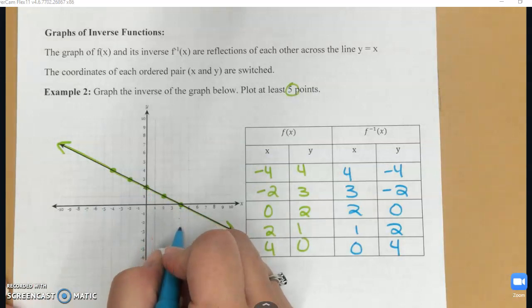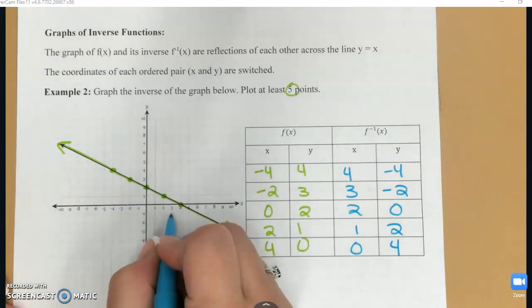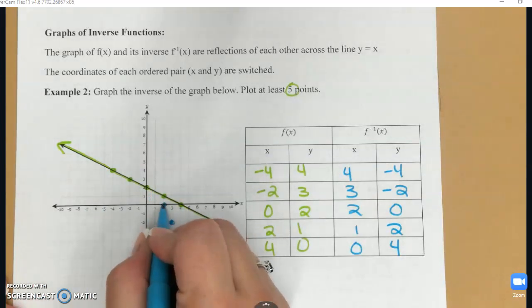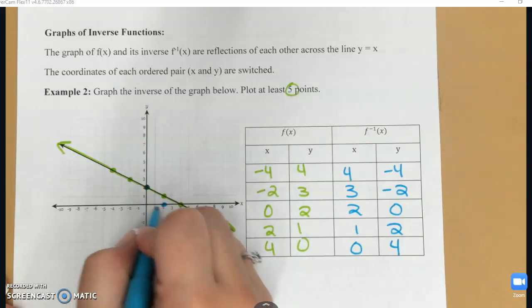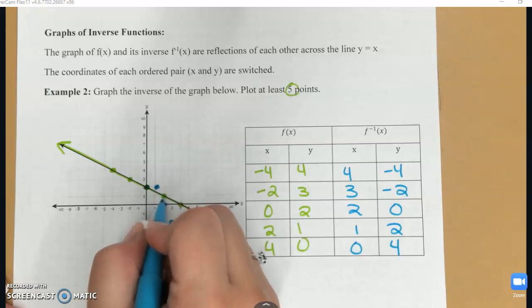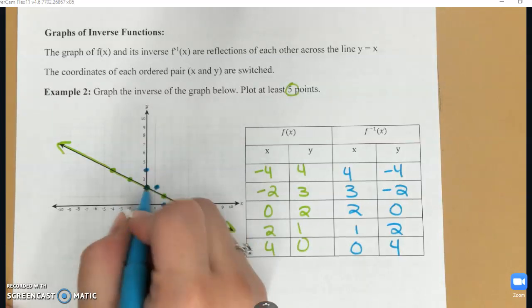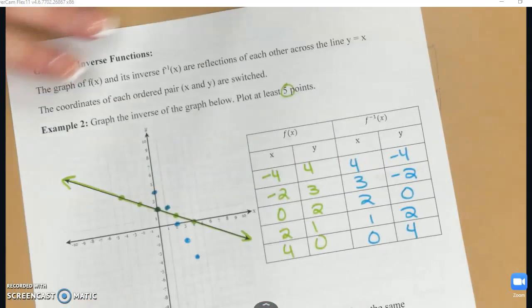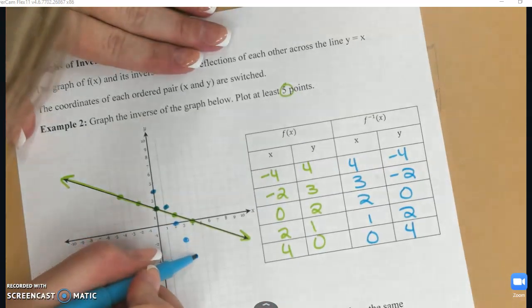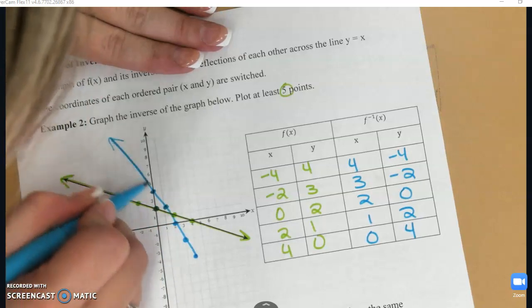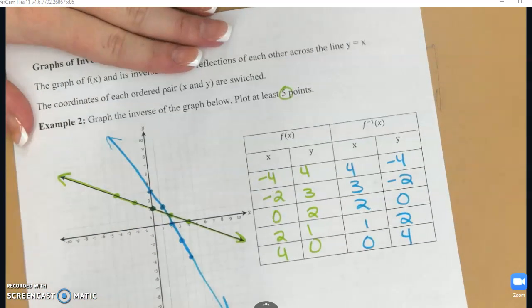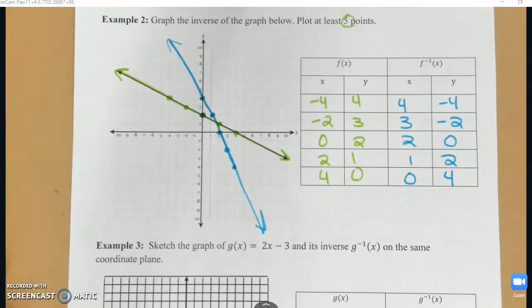So 4, -4, 3, -2, 2, 0, 1, 2, and, oops, I plotted that wrong. There it is, 1, 2, and 0, 4. Ignore that one, that was a boo-boo. Now I can just connect the dots in as straight a line as I can, because I'm freehanding this. And there is my inverse.